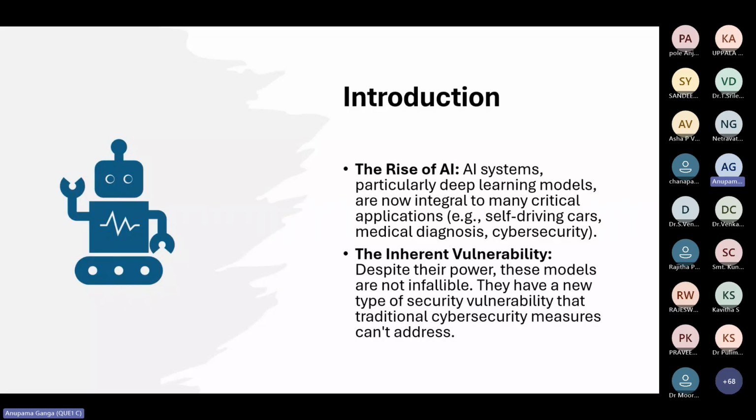As we saw, though they are powerful, they are not infallible, which means there is still scope for attackers to break through and make some disruptions in the way they are working. The traditional ways cannot address these vulnerabilities, so we'll need something more advanced.